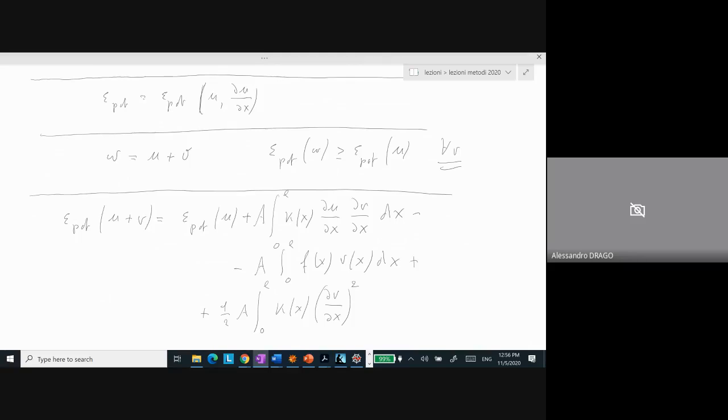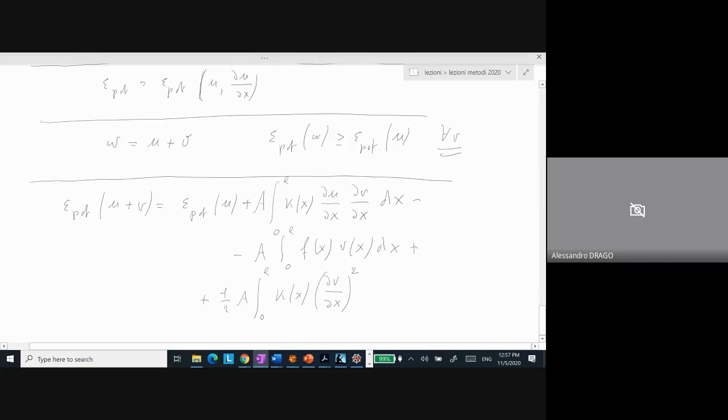So, recall what we want to demonstrate: the potential energy evaluated at u plus v is always larger than the potential energy evaluated at u, and becomes equal only if v is identically 0. So let's see if we are happy with what we obtained.